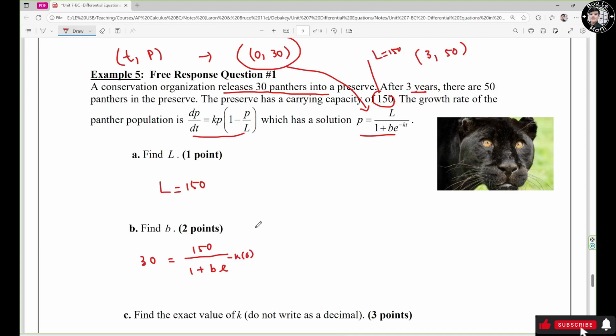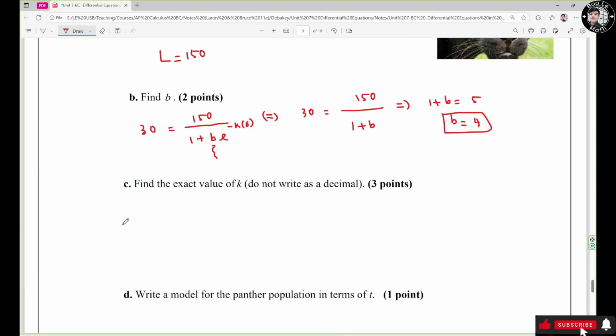You always use the initial point, which means the initial condition, to solve for B. So e raised to the 0 equals 1, and this turns out to be 30 equals 150 over (1 plus B). So 1 plus B equals 150 divided by 30, which is 5. So B equals 4.